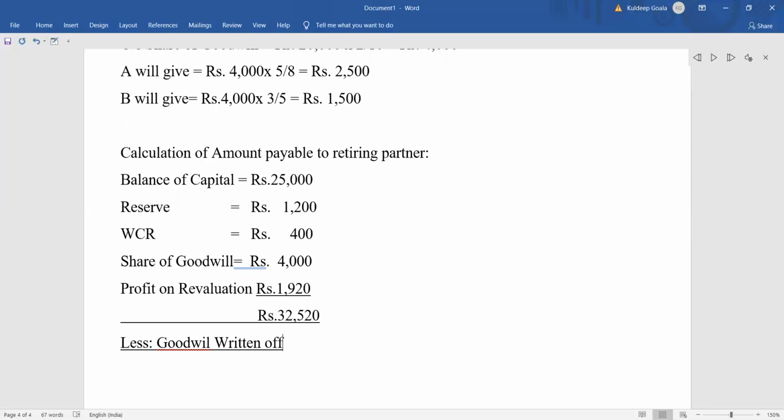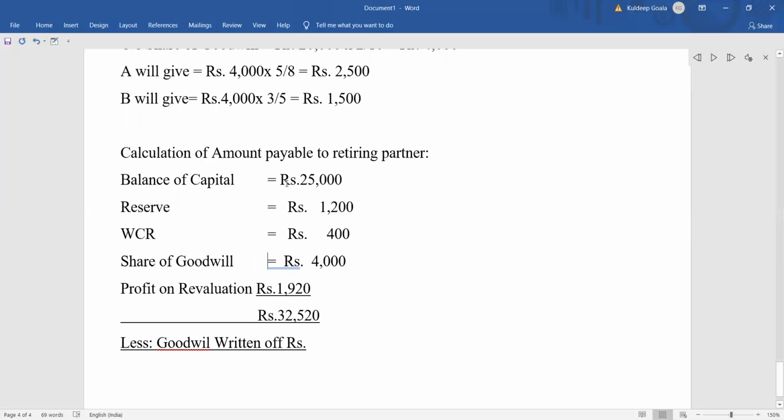We know what was the goodwill written off amount. Just make it little part so that it will be easy for you all to understand. It will be very, very clear to you all.